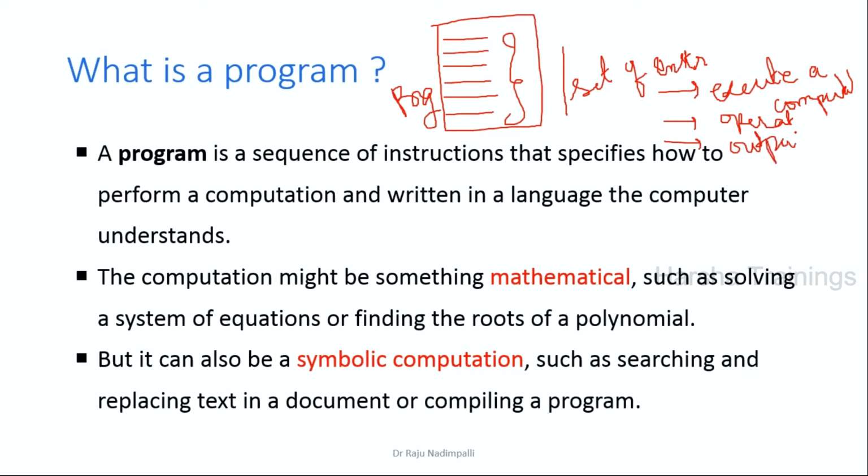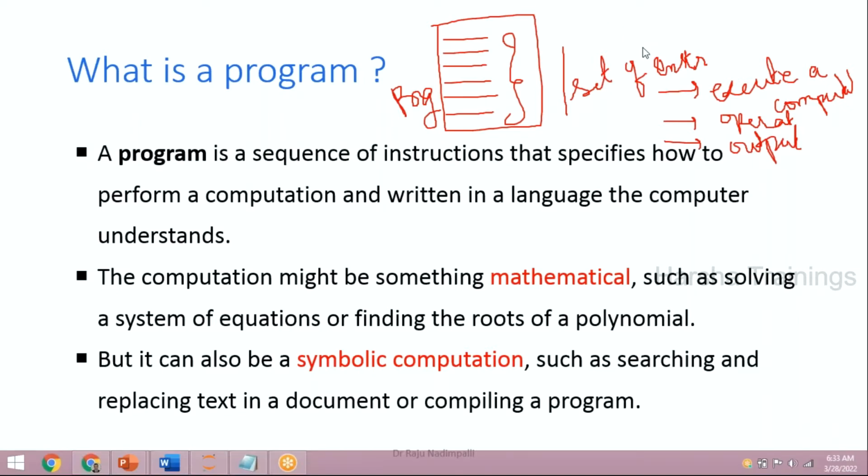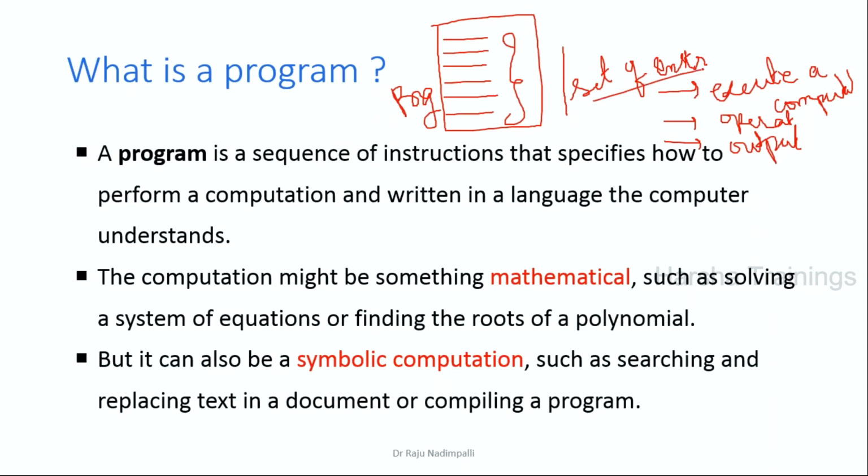Remember once again carefully, a program is a set of instructions. These set of instructions will be executed to perform a computation. You can also call it an operation. Once we perform some set of operations, it is going to produce an output. This is what every student must know.